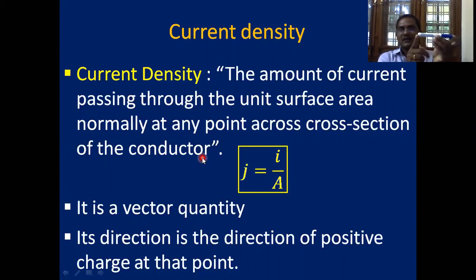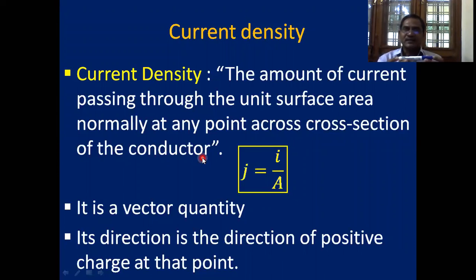The amount of current passing through the conductor per unit area, normally to the cross-sectional area. So the amount of current passing through unit surface area, that is 1 centimeter square, normally through the unit surface area is called current density.